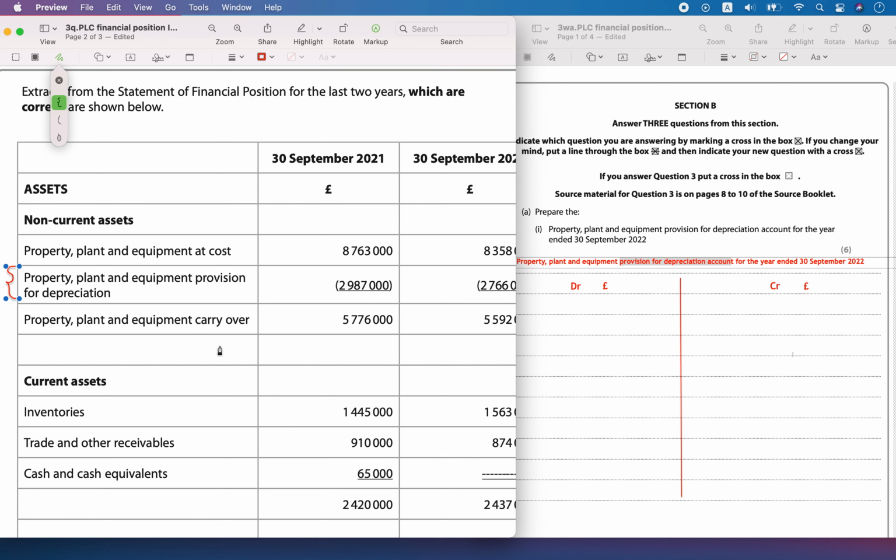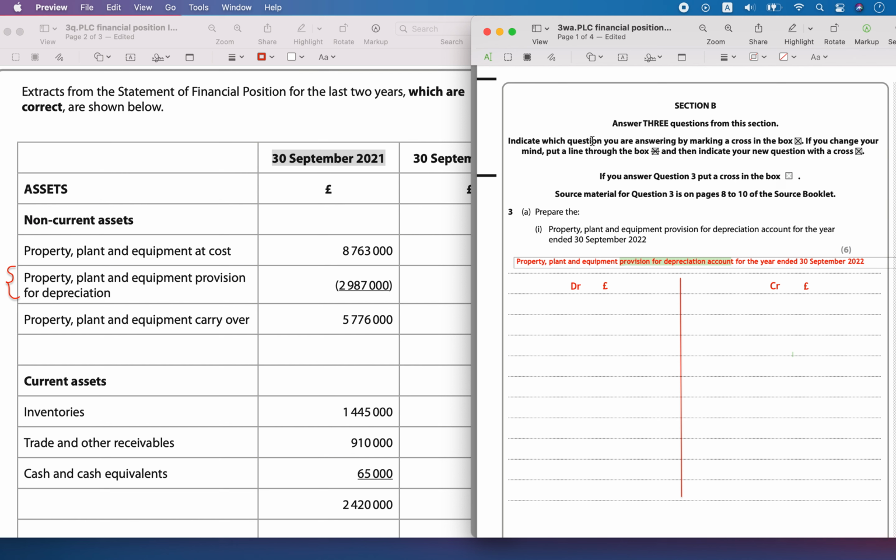Now we can see there is already a beginning and ending balance for the provision for depreciation. It is already given here. So what was the beginning balance as on 30th September 2021? We have to start on the credit side. Why? Because it's a provision for depreciation account, it's like a liability account.